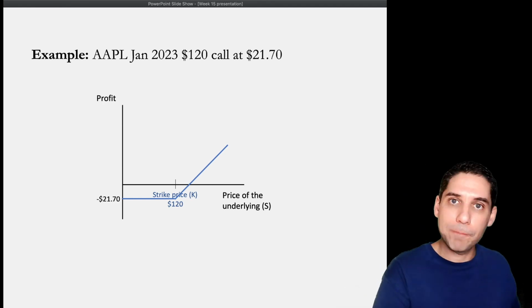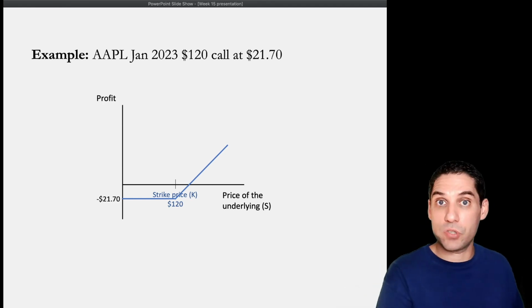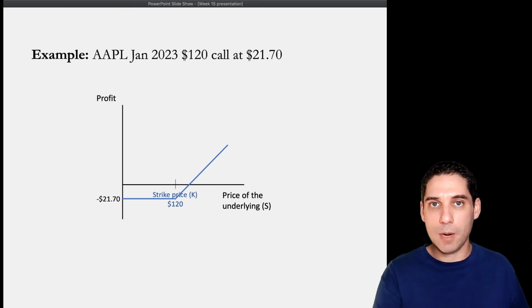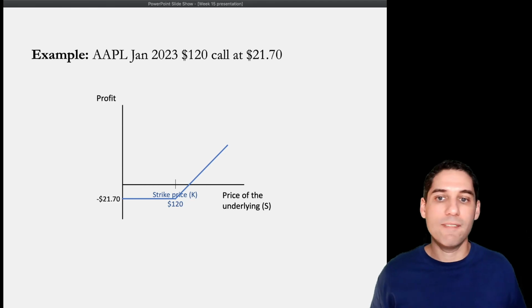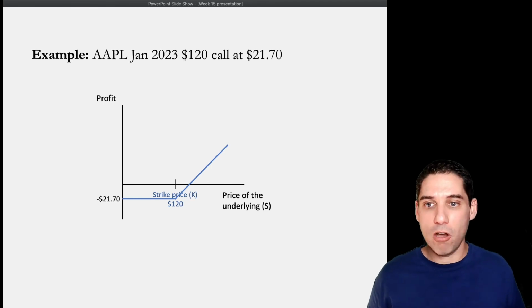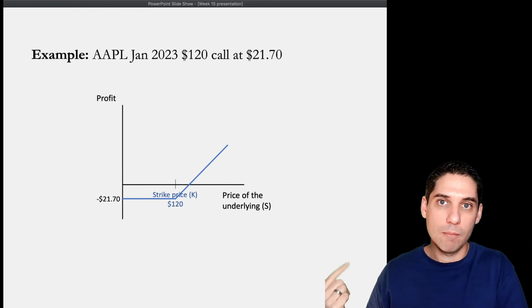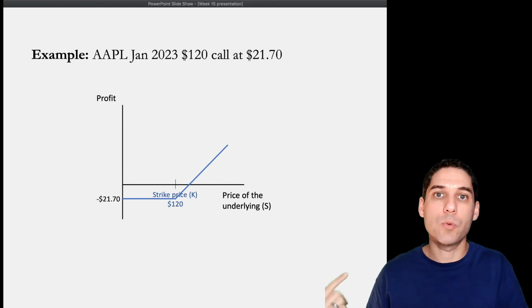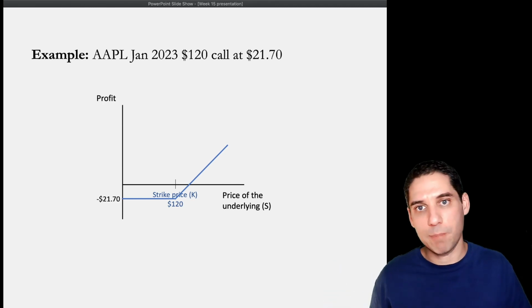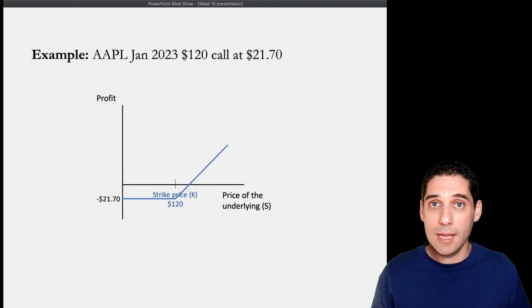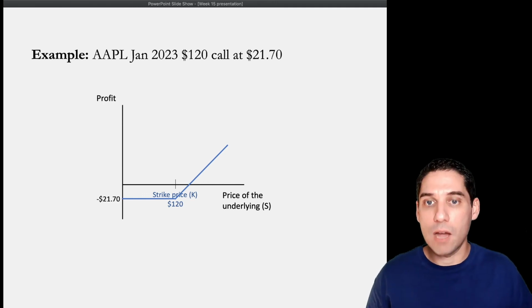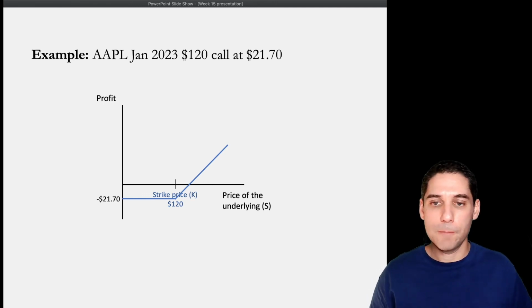But if Apple is trading above the strike price of 120, we start to get positive payoff. If it's trading at 125, we have positive payoff, but we paid a lot more when we bought the contract, so negative profit. We still exercise because at least we can reduce our losses.